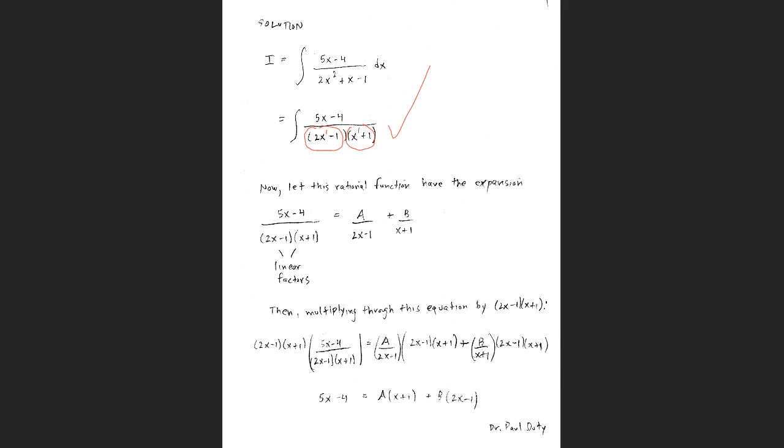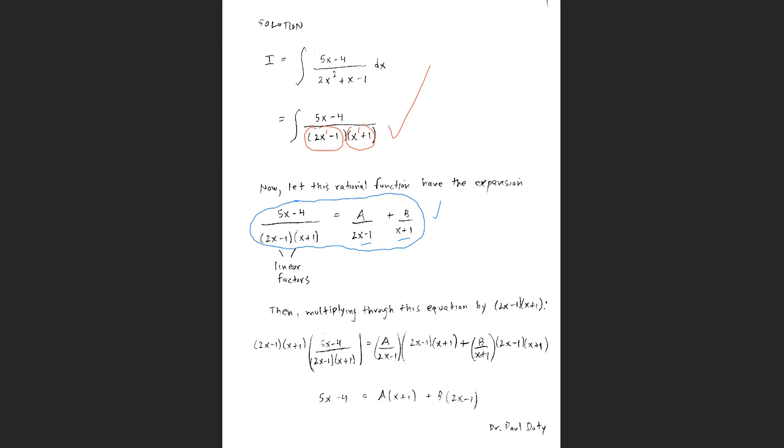And it turns out, interestingly enough, we can write this rational function as the sum of some constant A over the one linear factor, 2x minus 1, plus another constant B over the other linear factor, x plus 1.